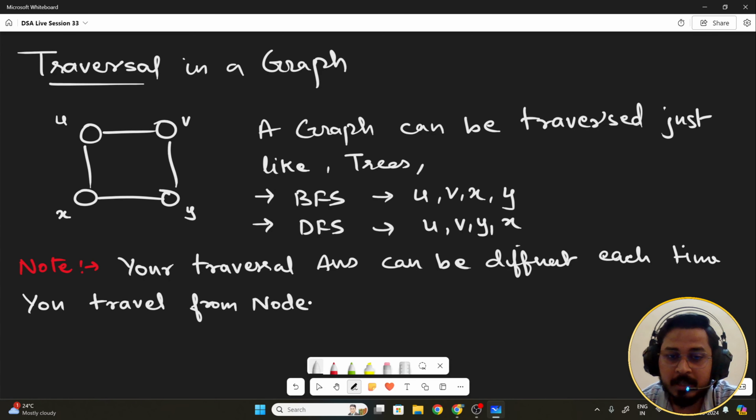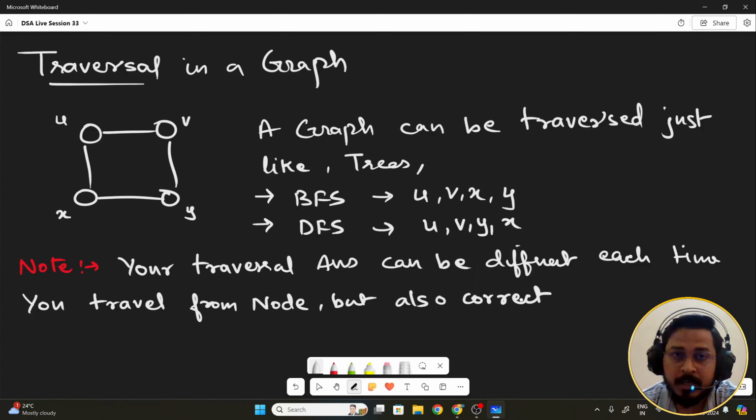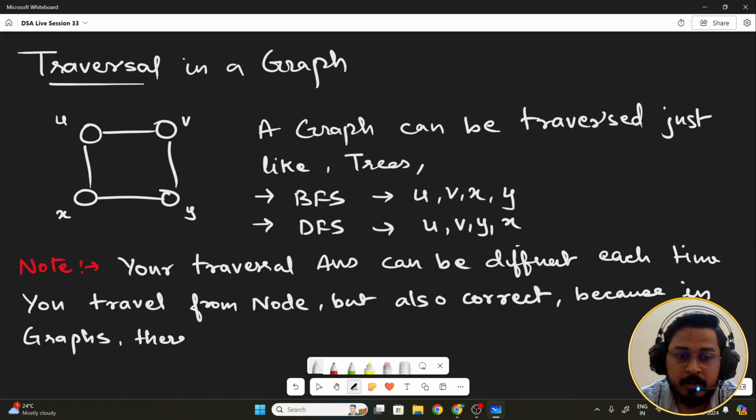Your traversal answer can be different each time you travel from a node, but it is also correct. So no worries. Different traversals are possible, because in graphs there is no starting node.